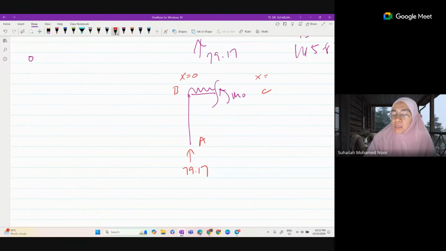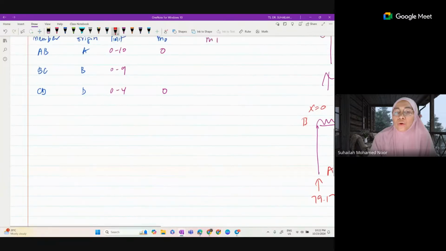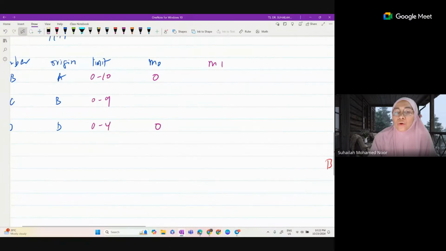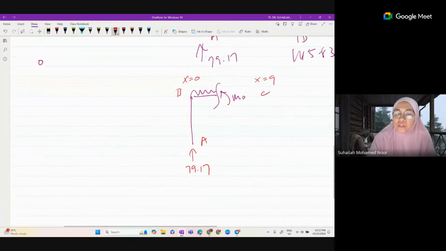Dekat sini X 9. Even though yang ni kita tak lukis pun, tapi position dia macam tu. Pada B X is equal to 0, pada C X is equal to 9. So that is why equation for BC limit dia 0 to 9. Okay, so this is the section.